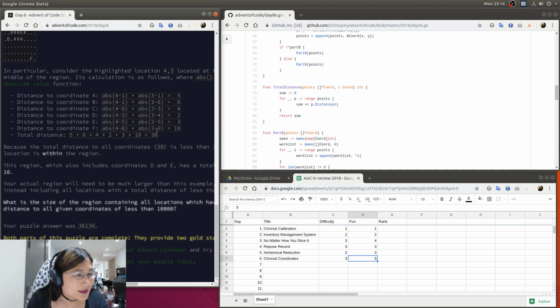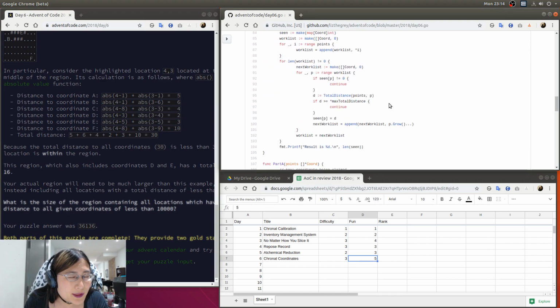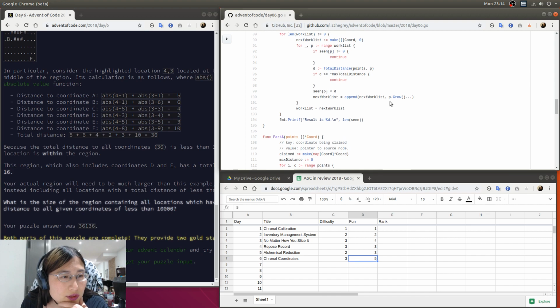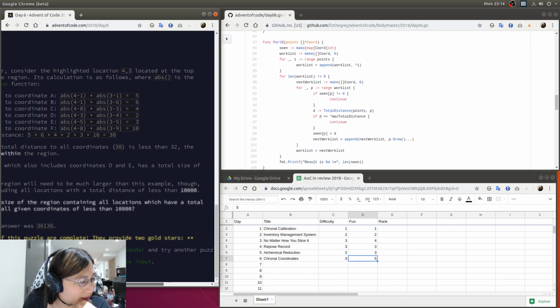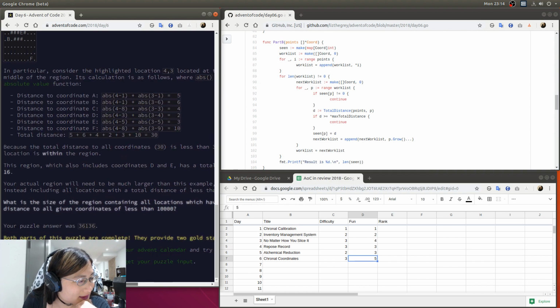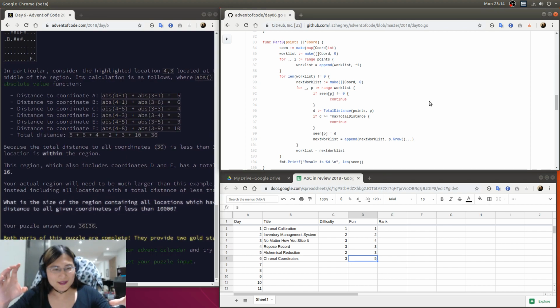And then the other thing we needed to do was a search to find all the locations that have a sum of distance to all coordinates, not just one coordinate, of less than a certain number. So again, you can keep expanding, and avoiding repeating, and then eventually you're tracing the periphery, so it's only about n squared, so it's reasonably fine.